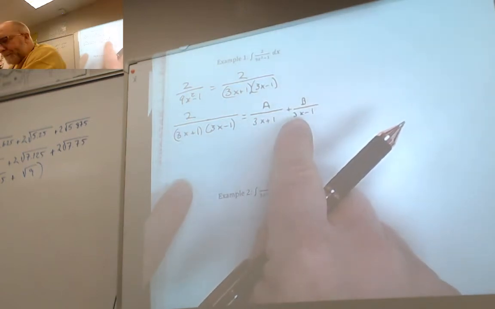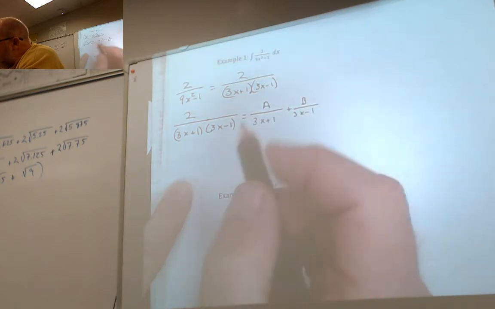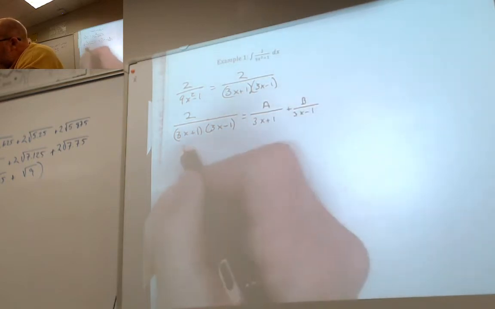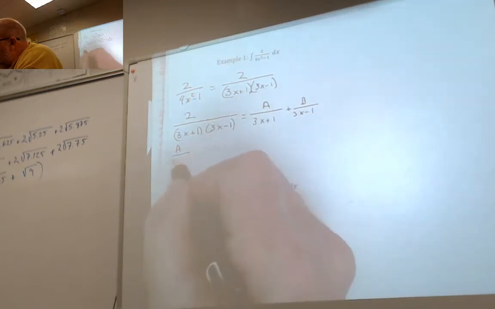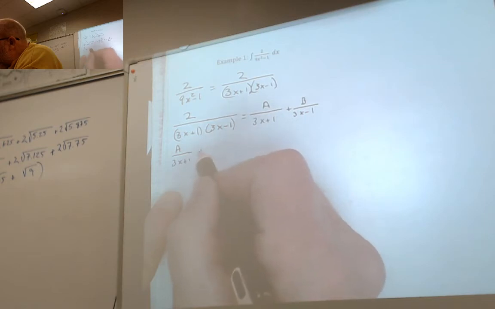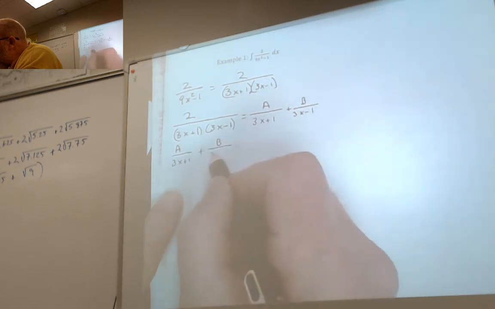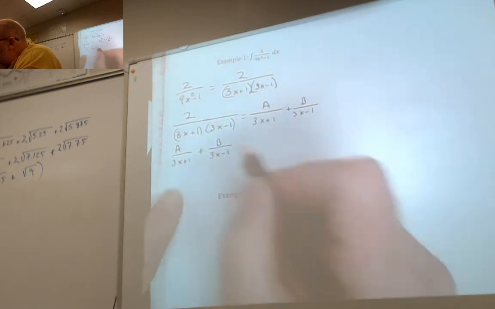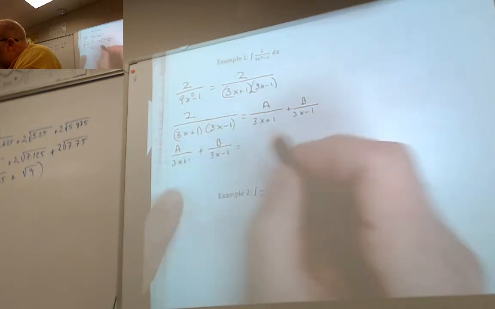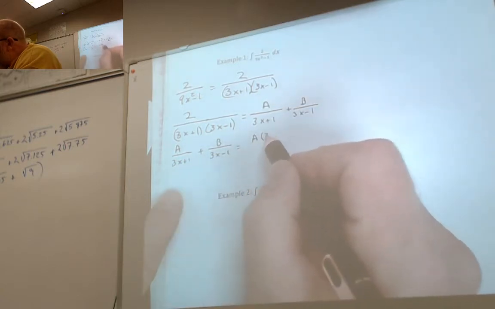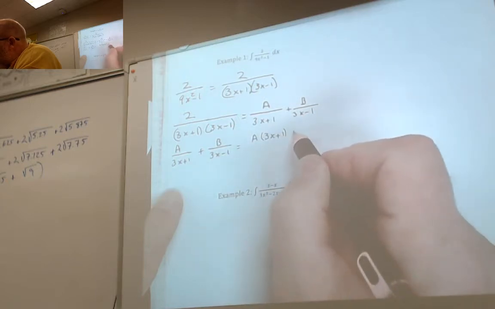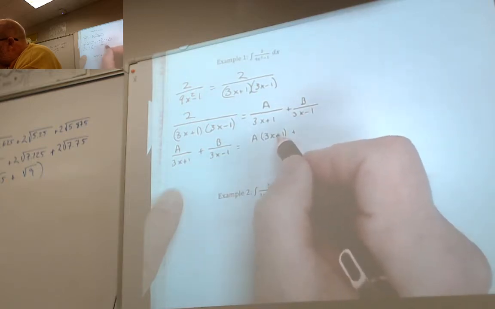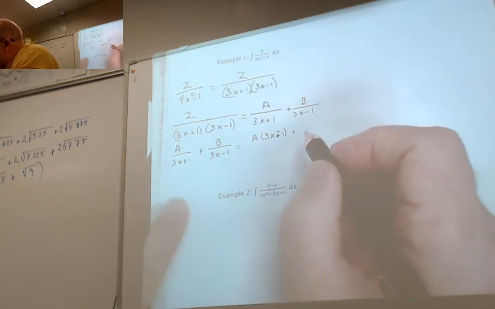How did that happen? Well, it happened that a over 3x plus 1 plus b over 3x minus 1, we multiplied both sides. One side got multiplied by 3x plus 1, and the other side got multiplied, oops, this should be a minus 1. I said minus 1, I wrote plus 1.